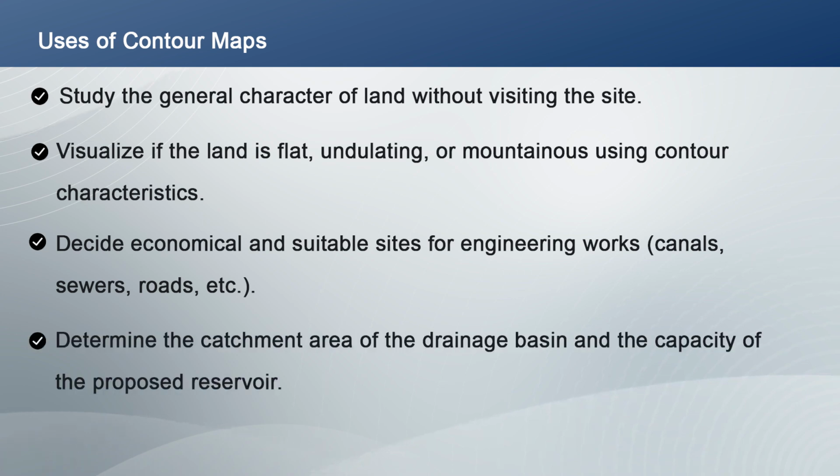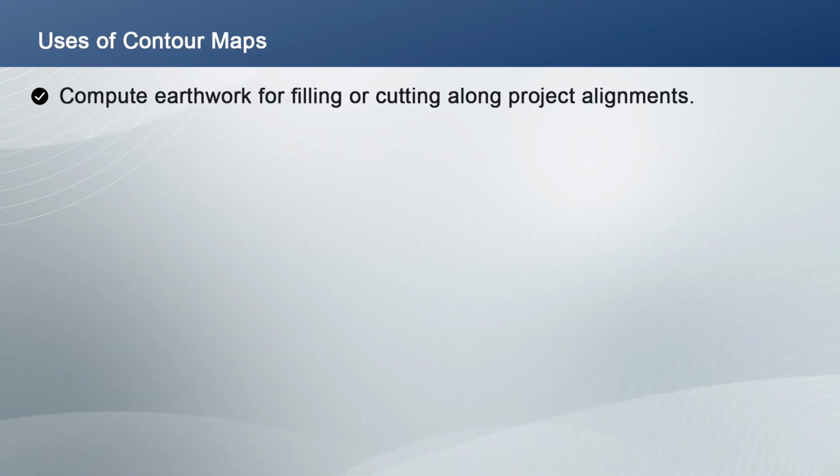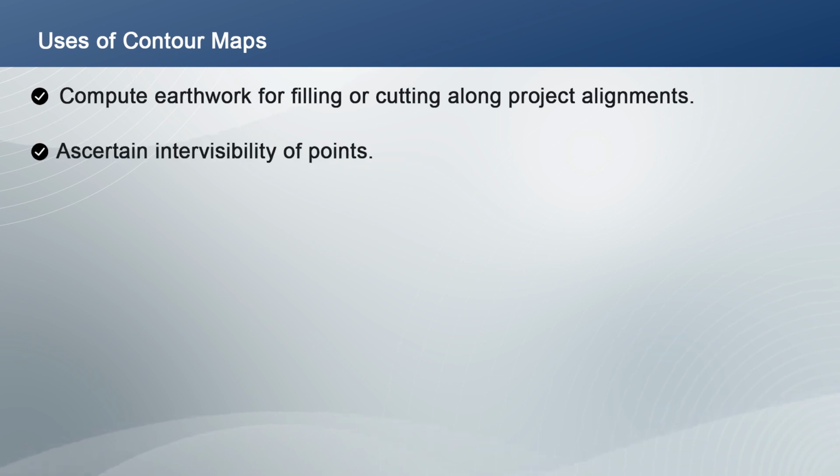It is also used to determine the catchment area of the drainage basin and hence the capacity of the proposed reservoir. It is used to compute the earthwork required for filling or cutting along the linear alignment of projects such as canals, roads, etc. It is used to ascertain the intervisibility of points.